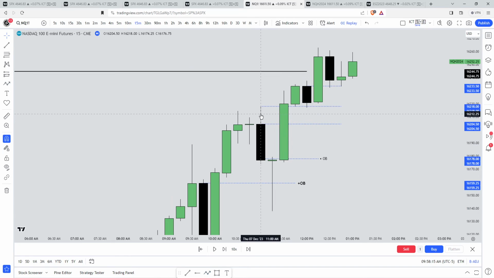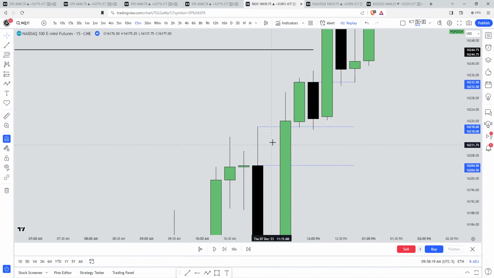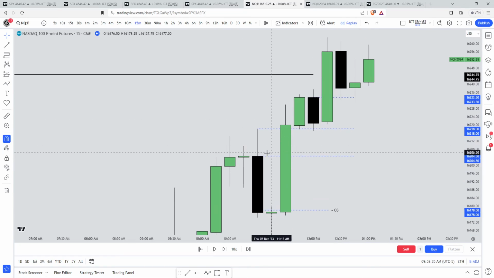Since it does have a large upper wick, the down close candle is the bullish order block, but sometimes the algo will just refer back to that last high and then expand away from it. So in this instance, ICT would draw the opening price to the upper wick. And you can see price refers back to that upper wick and then expands away from it.